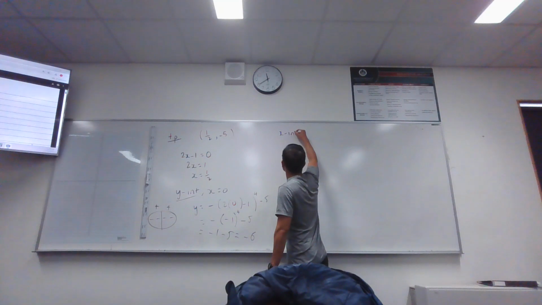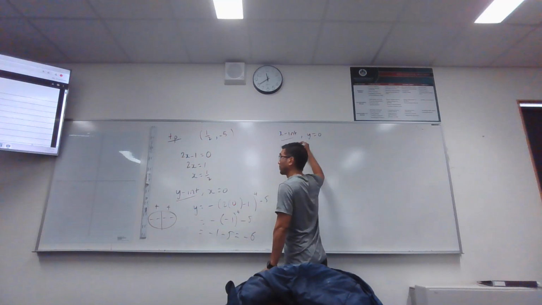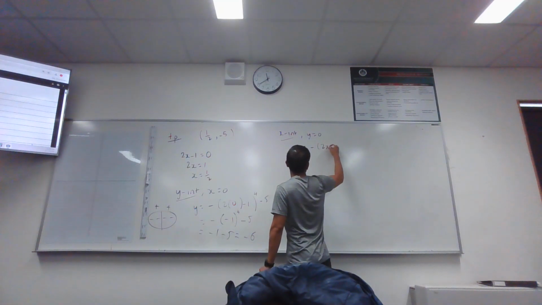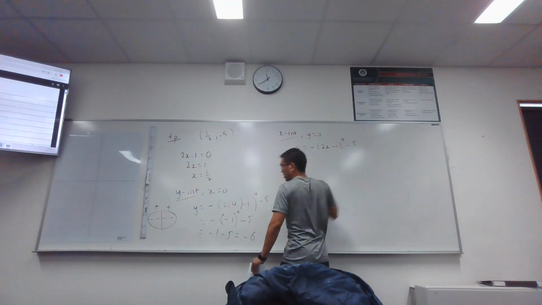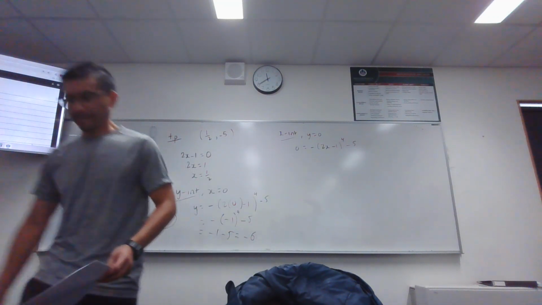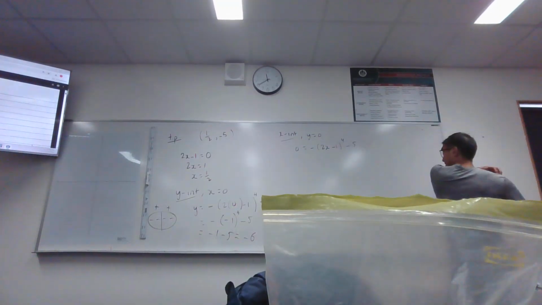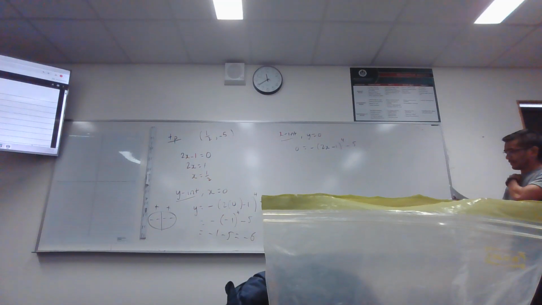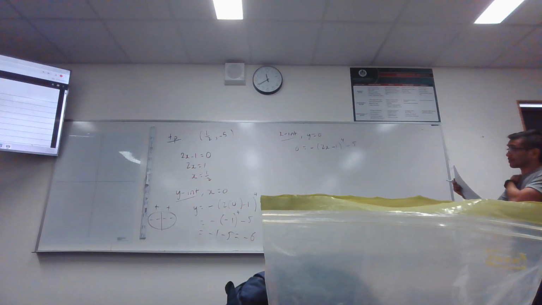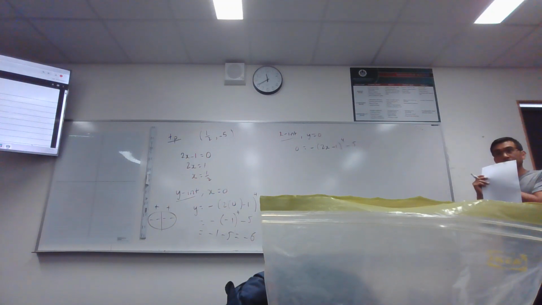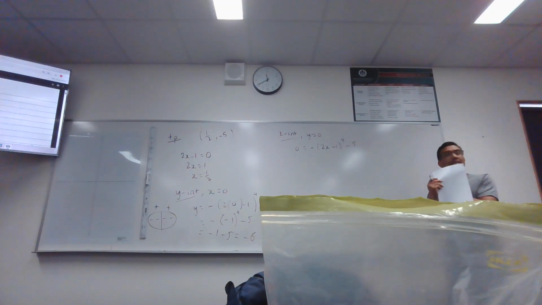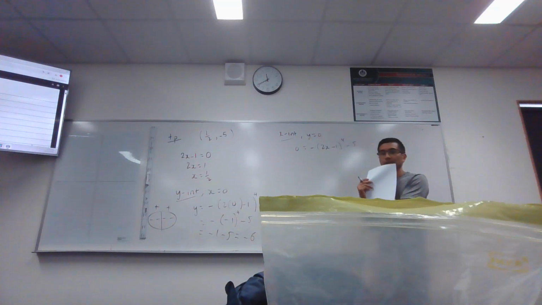Okay, x-intercepts. Y equals 0. Can someone please solve that for me right now? Who wants the lolly?